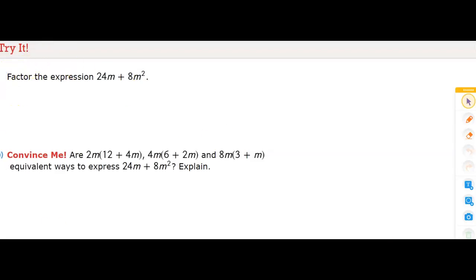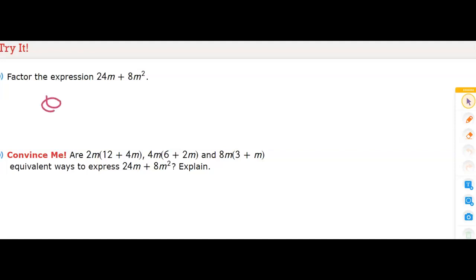Factor the expression 24m + 8m². I'm going to factor using the greatest common factor.